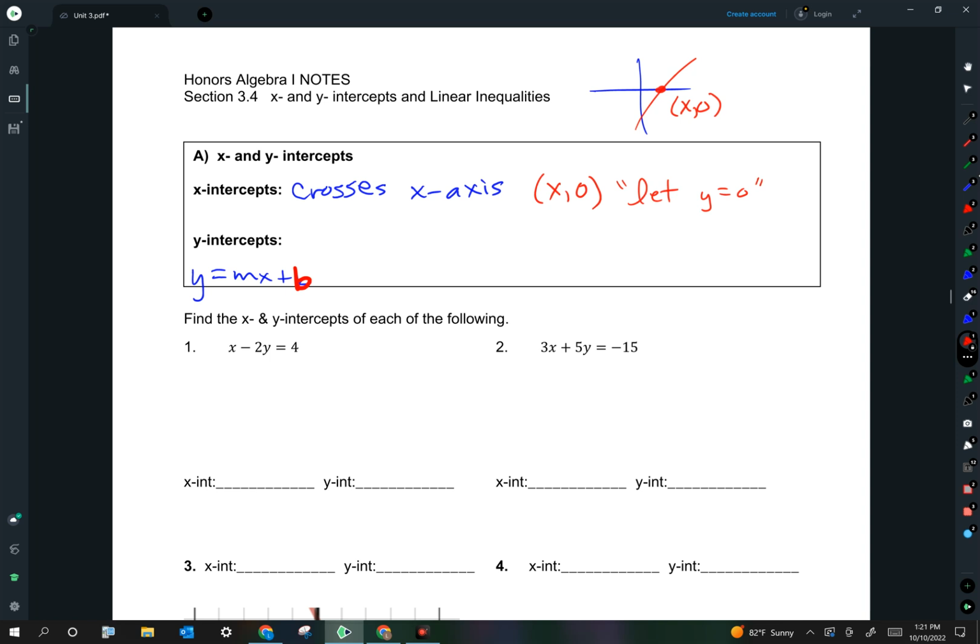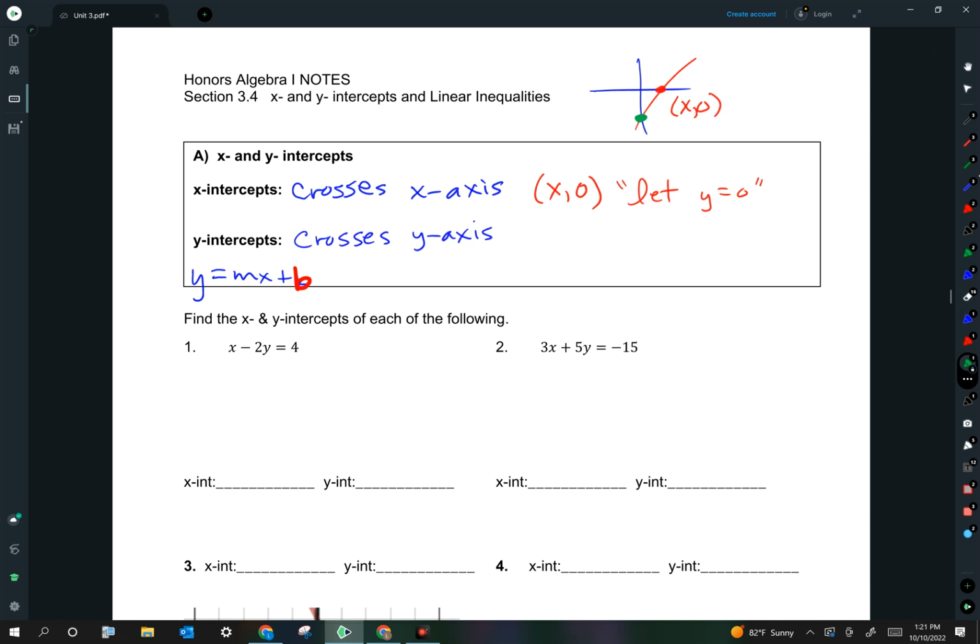Similarly, for the y-intercept, if it's in the form y equals mx plus b, great, I know the y-intercept. But if it's not, I need to know a y-intercept is where the graph crosses the y-axis. Let's go up here to the one that I've already drawn. Where does that line cross the y-axis? Right here at that green point. What's that ordered pair?